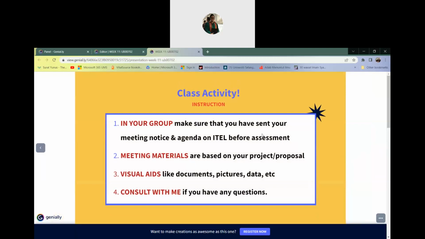Make sure that you have sent your meeting notice and agenda on ITEL, which is due this Sunday. Prepare your meeting materials like the ones I've mentioned. You can also have visual aids, like pictures, documents, data, graphs, etc. If you have any questions, you can consult with me. You can also meet me in my office, no problem.